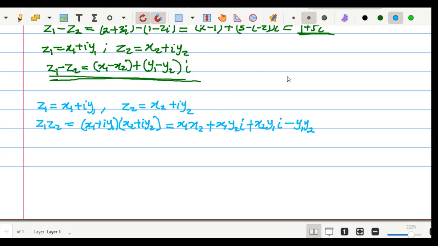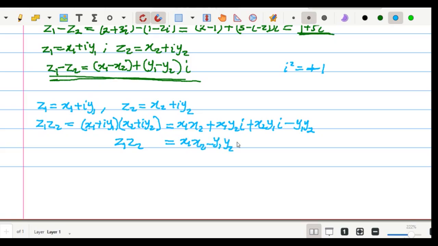Remember from where we started, we said i squared is equal to minus 1. So if we multiply i by i, it's going to be i squared. So that is going to make this plus sign to be minus. So remember now, z1 z2 is going to be equal to x1 x2 minus y1 y2.